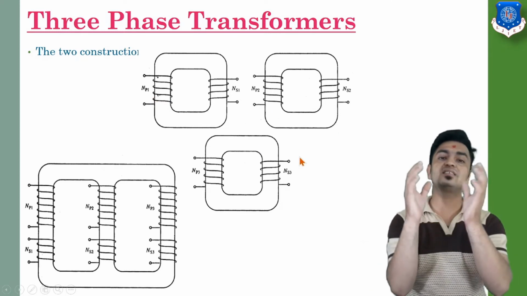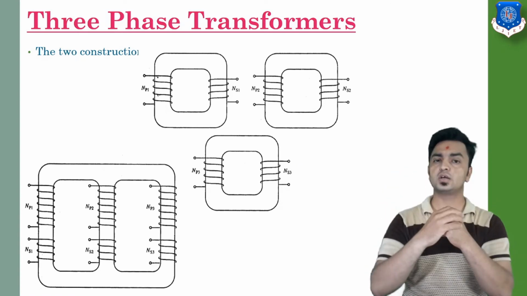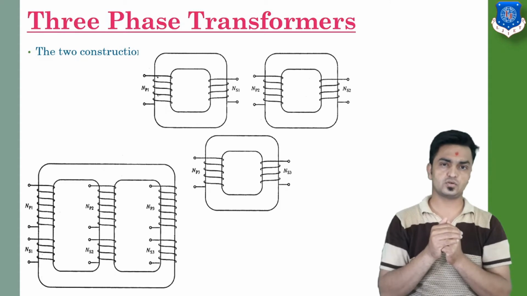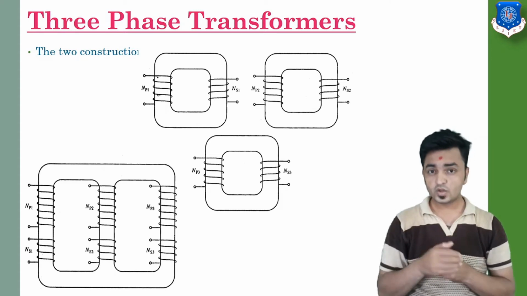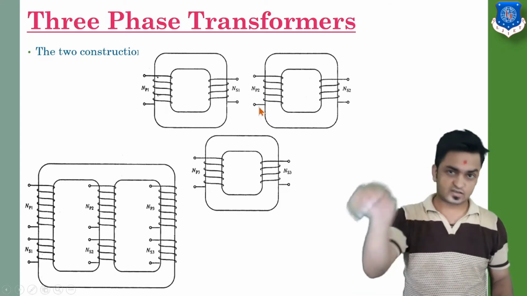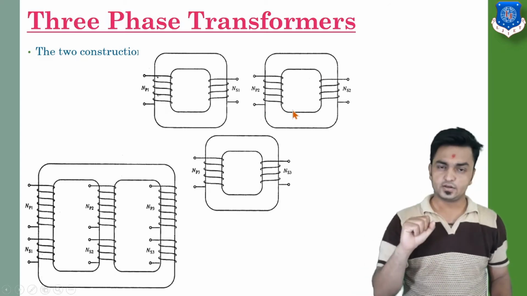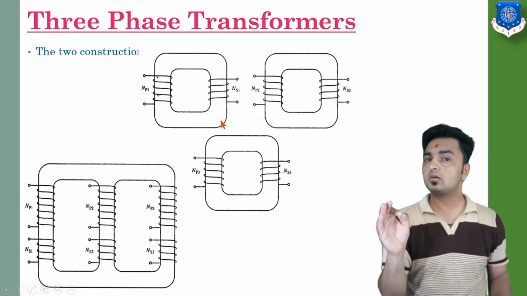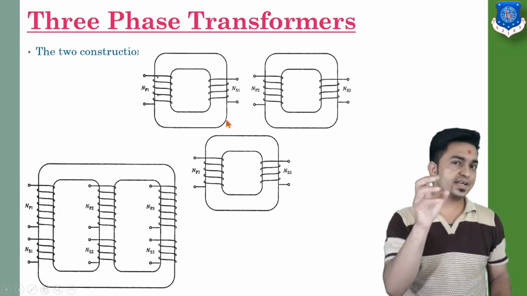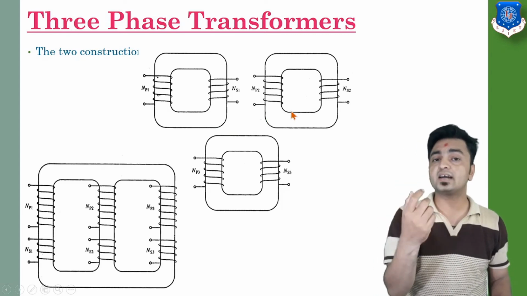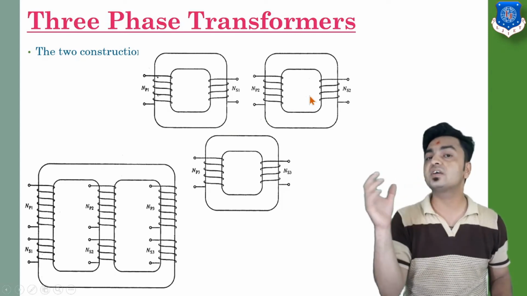Now by combining these three single phase transformers, if you want to design a common three phase transformer, what can be done here? You can consider the primaries of all these three transformers, and you can connect them in the form of a star or a delta connection. Basically, they will form a three-phase circuit.